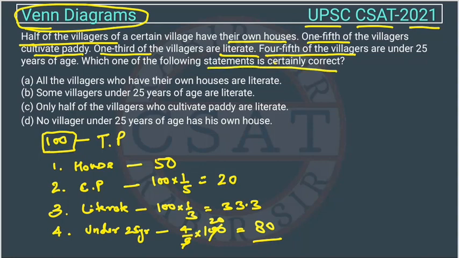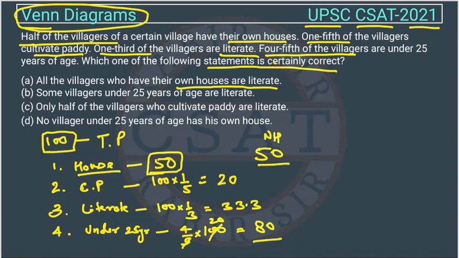All the villagers who have their own house are literate. So only 50 people have their own house, right? And this is saying all the villagers who have their own house are literate. So how many are having house? 50. So there will be another 50 who are not having house, right?